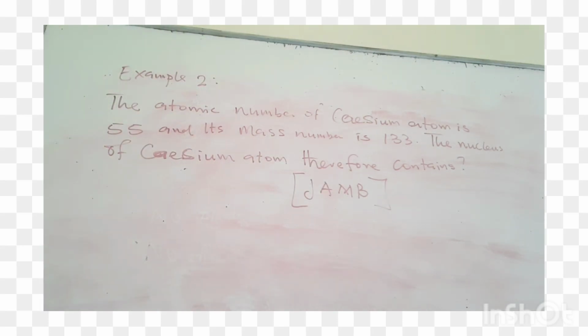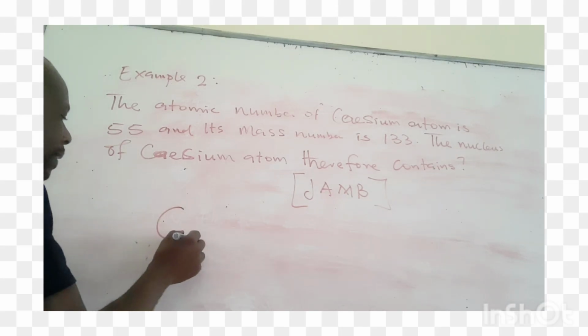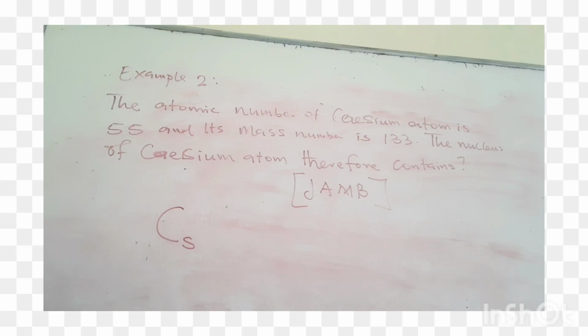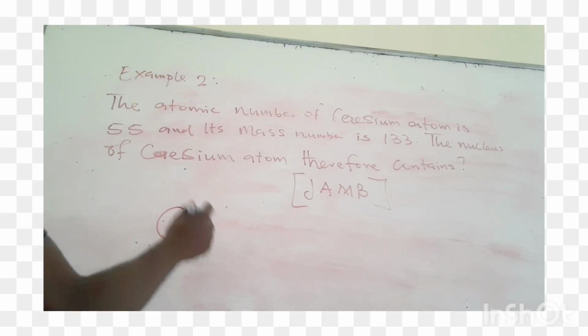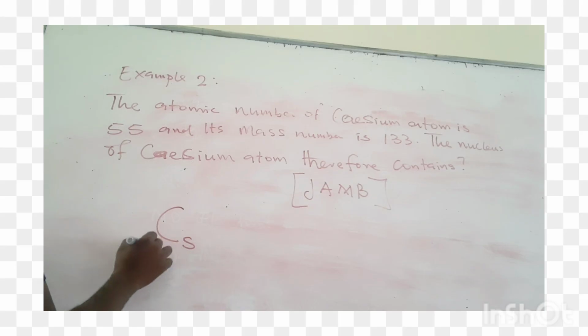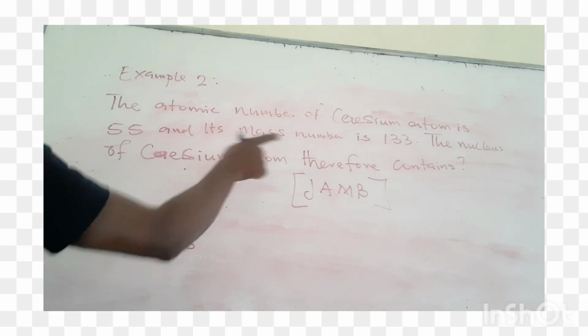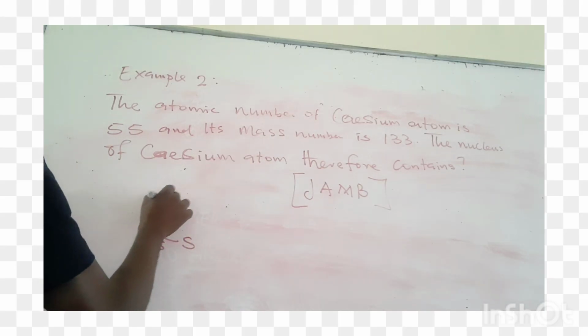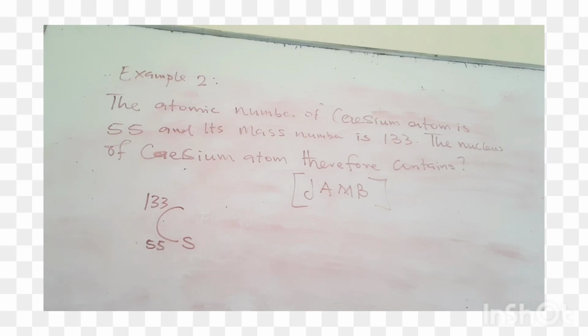Now cesium is an element of group 1 of the periodic table, denoted by the letters Cs. Now let's represent it. Since the atomic number is 55, we have 55 and the mass number 133. So what does that mean?